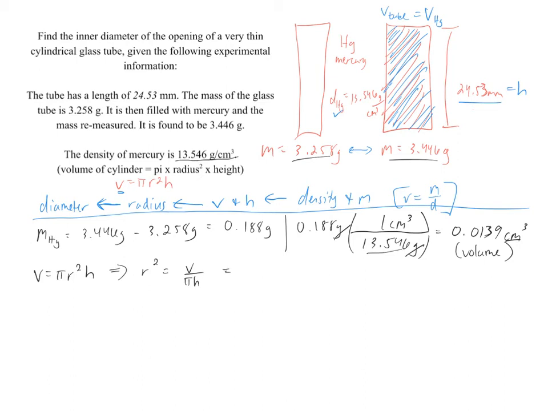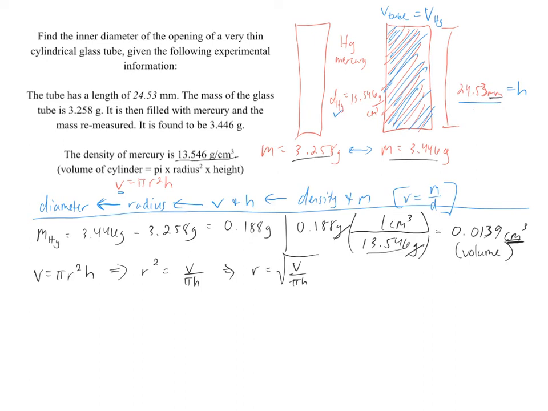And eventually, we'll take the square root, like so. Now what we have to keep in mind here are the units. The units for the height are millimeters. Units for the volume are in cubic centimeters down here. So they must be in generally the same units.